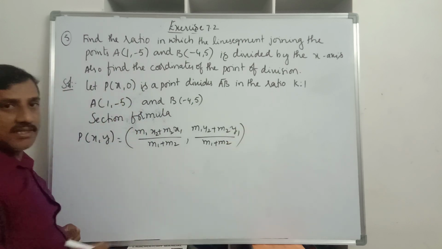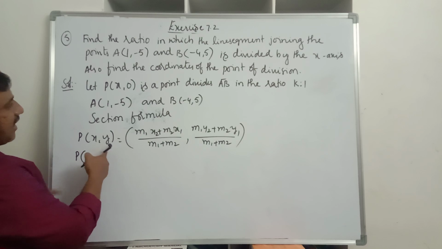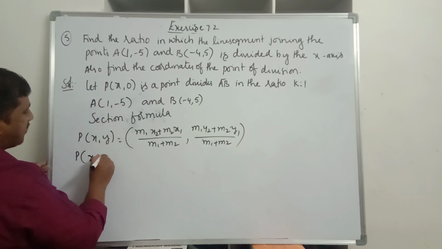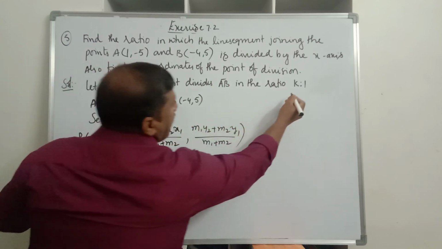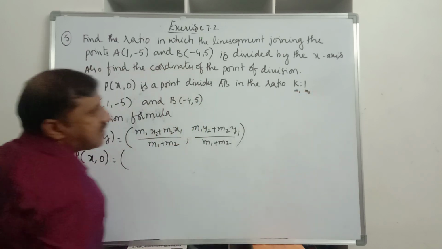This is the section formula. Now you substitute P(x, y). Here x is x only, and y is equals to what? It is 0. We don't know m1, here it is the ratio k is to 1. Here k is the m1 and 1 is the m2.